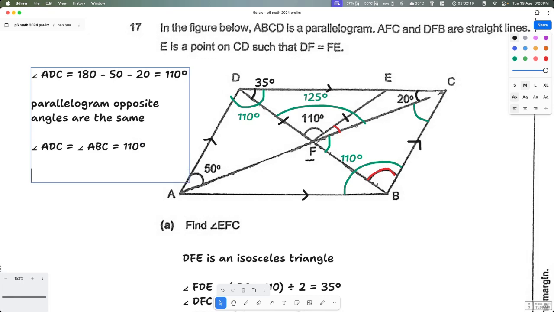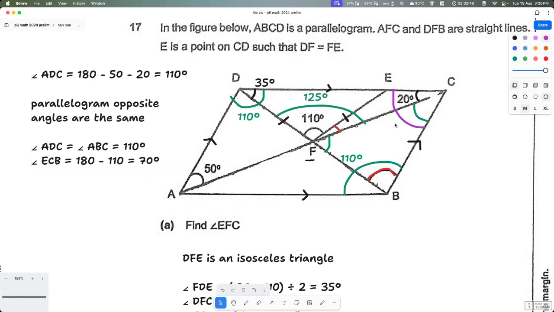Then the next thing is we can also get the angle ECB. I'm going to put a purple one, so we can get ECB over here. So angle ECB is equal to 180 minus 110, which is 70 degrees.